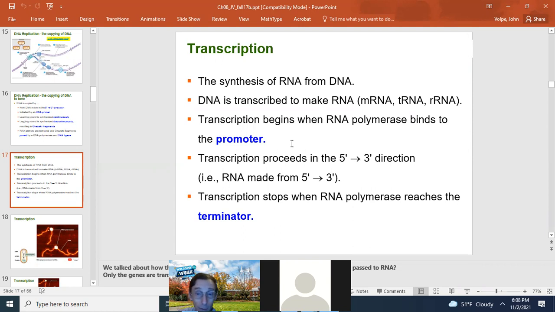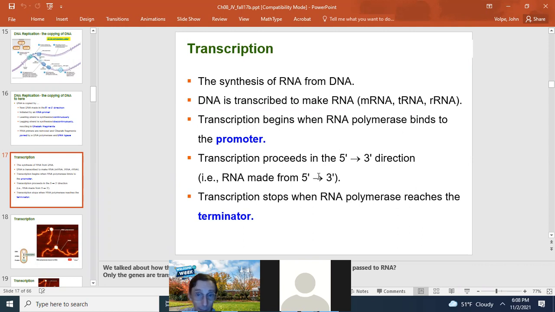Transcription begins when RNA polymerase binds to the promoter. The promoter is the first region of a gene, and it actually encodes for the RNA polymerase to bind here. Transcription proceeds in the 5' to 3' direction, so RNA is made in the 5' to 3' direction.